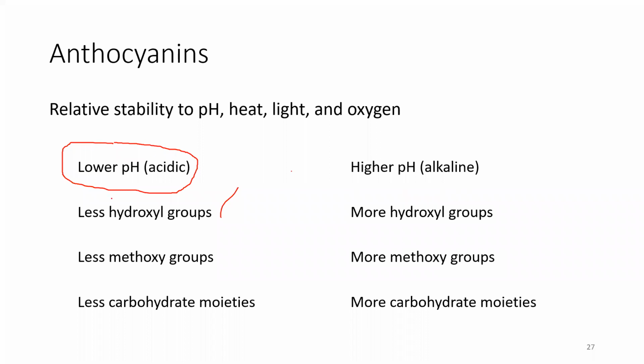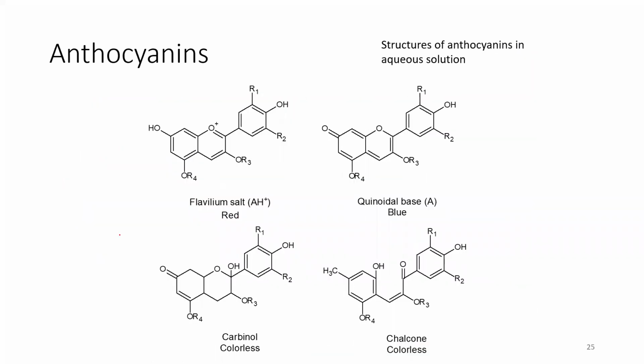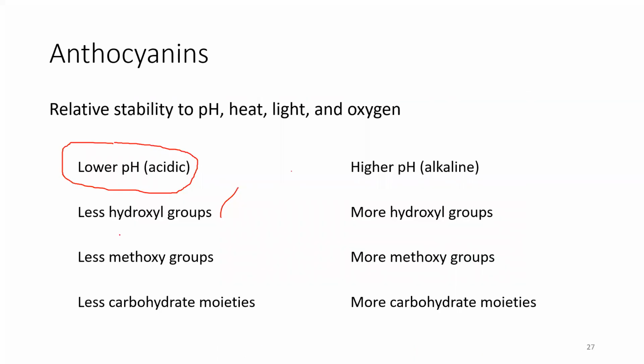This is one here we haven't talked about. We can have varying numbers of hydroxyl groups around those rings. So here, all those positions can have hydroxyl groups on them, or none of them can have hydroxyl groups. So if we have more, is it going to be more stable or less stable?